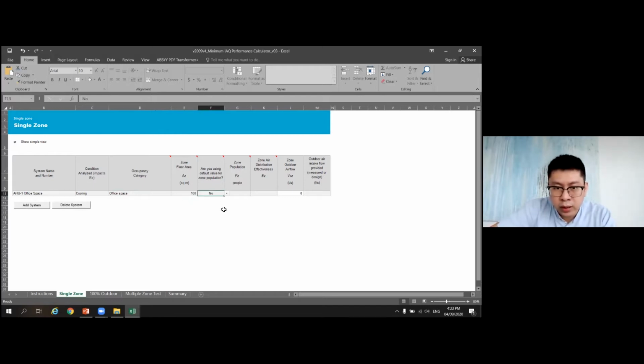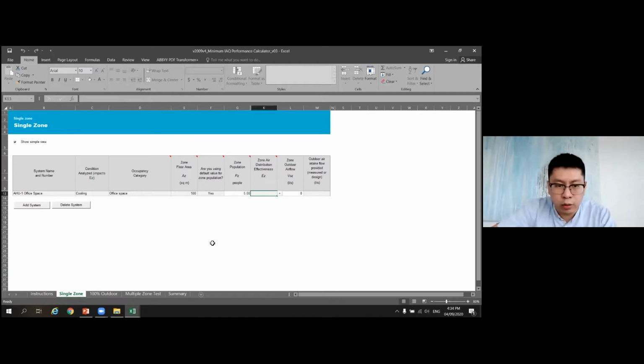Am I using the default rate for zone population? LEED doesn't care so much about default or non-default. If you want to go for default, it's fine. If you think there's not enough fresh air, you click no, then you input the number of people inside that space. In this case, we go for yes, it doesn't matter. And next is the exact value.